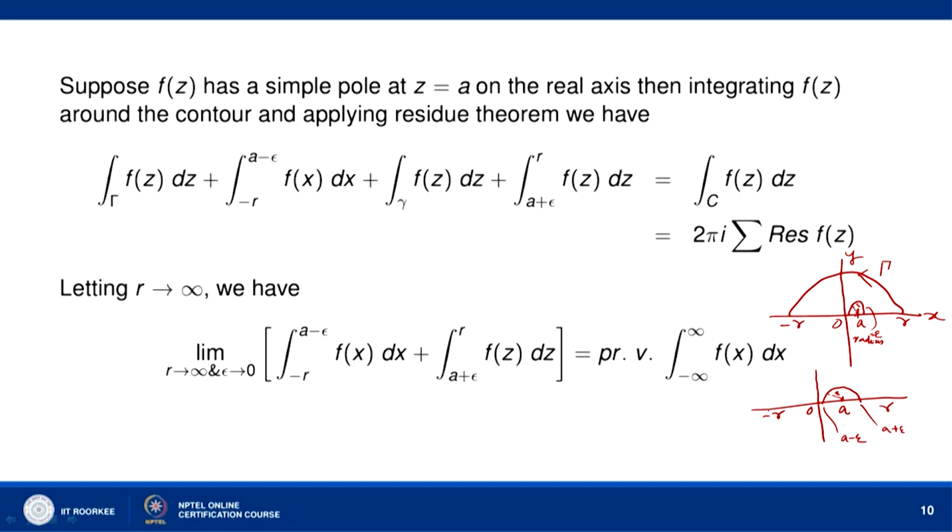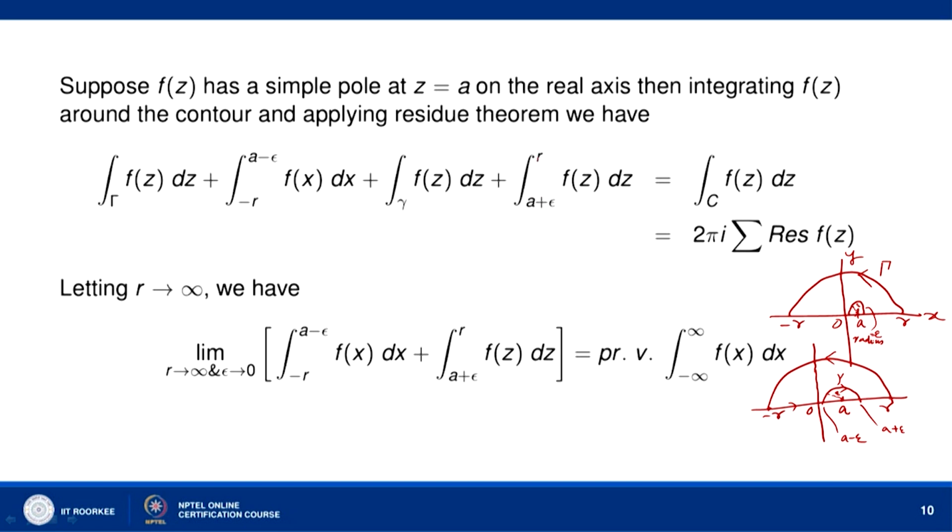We are moving like this: minus r to a minus epsilon along the x axis, then along the semicircle gamma, then from a plus epsilon to r again along the x axis.